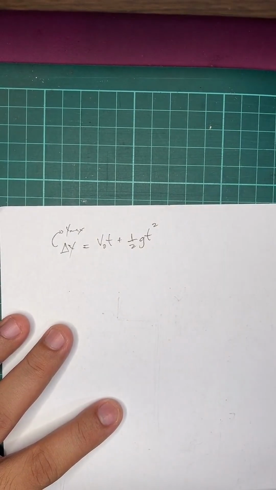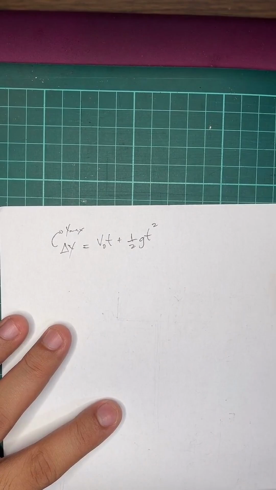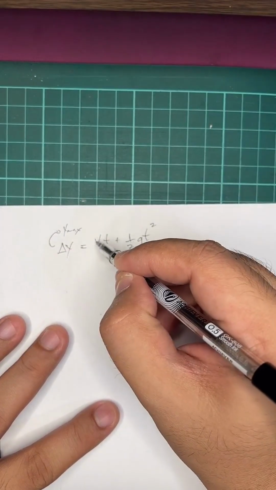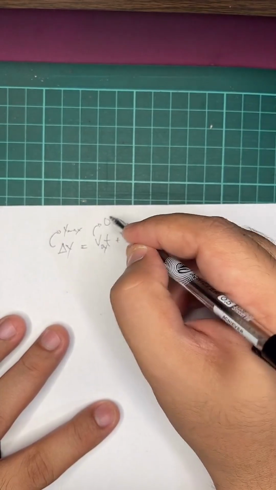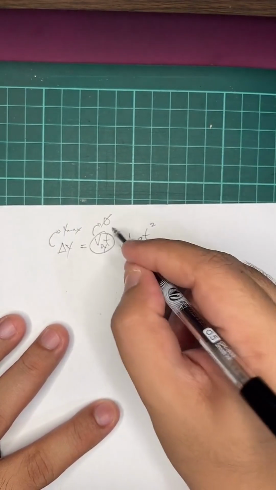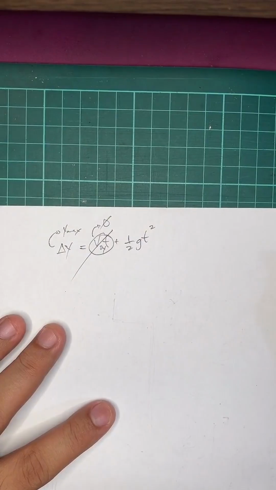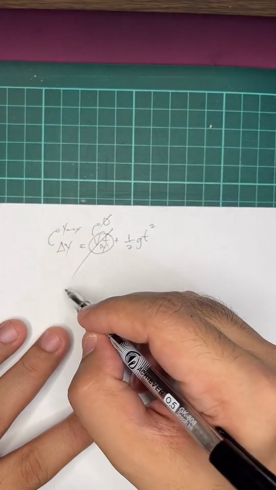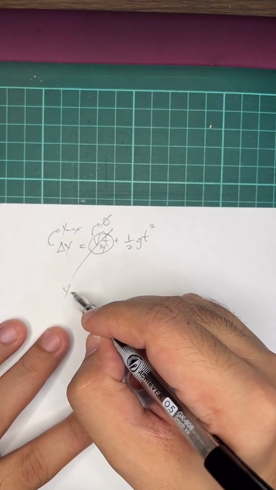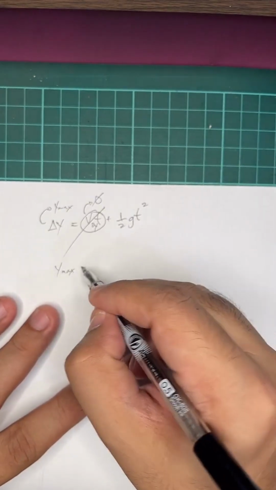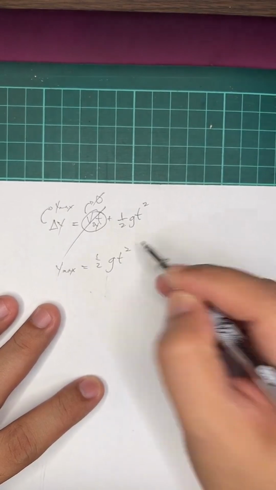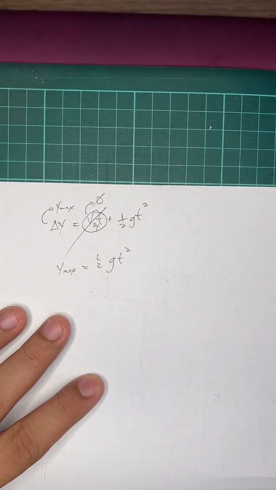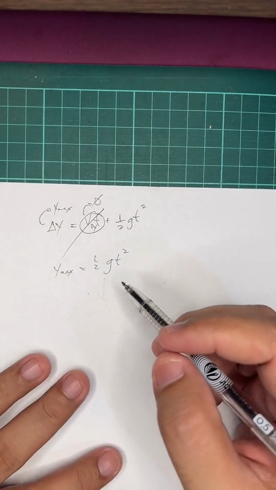Now since V naught y is 0, this term can just be cancelled out, and we are left with y max is equal to 1/2 GT squared.